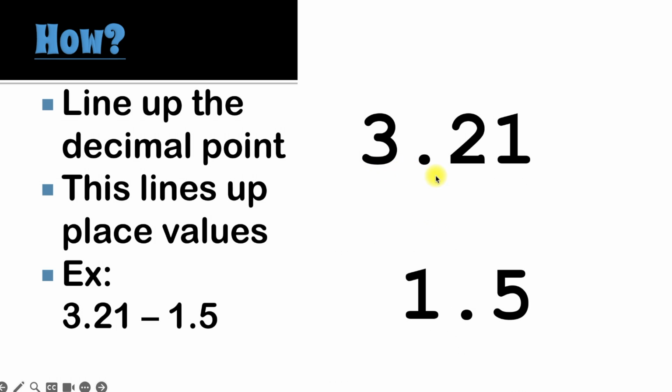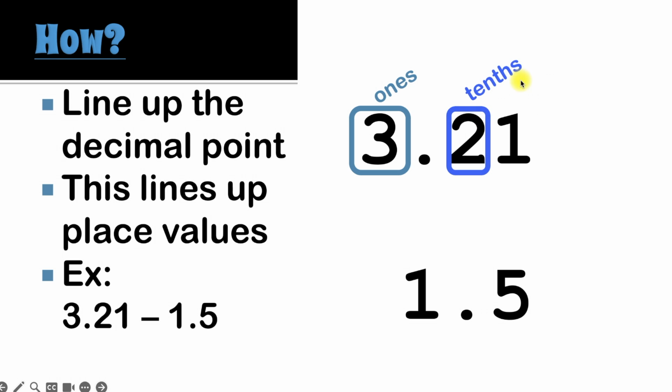In the number 3.21, by the way, that's properly read as 3 and 21 hundredths, we have several place values. We've got whole number place values to the left of the decimal point, and we've got decimal place values to the right of the decimal point. First, we have 3, and that is the ones place. Next, we have the value 2, and that's in the tenths place.